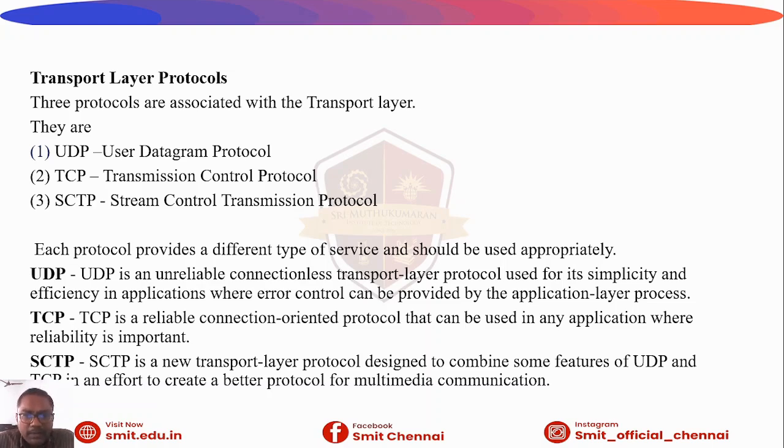TCP is a reliable and connection-oriented protocol that can be used in any application. The most commonly used protocol is TCP when compared to UDP. The third category is SCTP, Stream Control Transmission Protocol, which is mainly designed to combine the features of UDP and TCP, and mainly it is used to send and receive multimedia items.